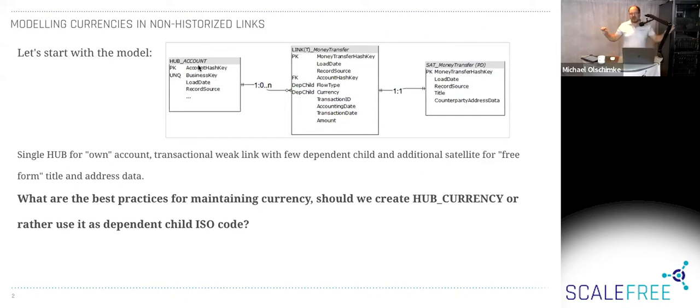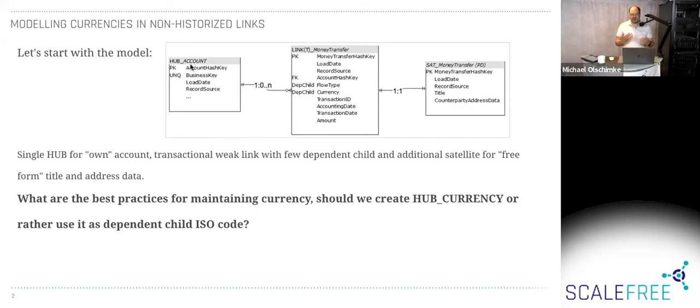Some codes identify business objects and some codes rather describe the business objects. For the reference codes, we don't need hubs and links and satellites, because as much as I like Data Vault, if you introduce a hub, you also introduce some overhead: the hub must be linked somehow to the other data set, in this case maybe to the money transfer.